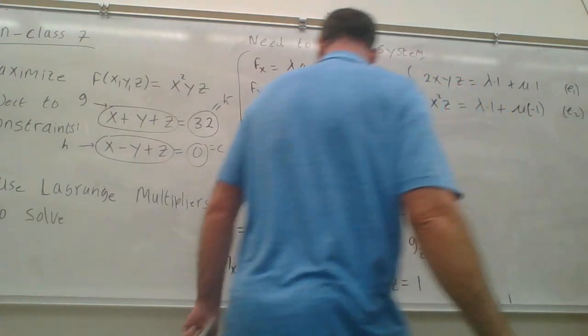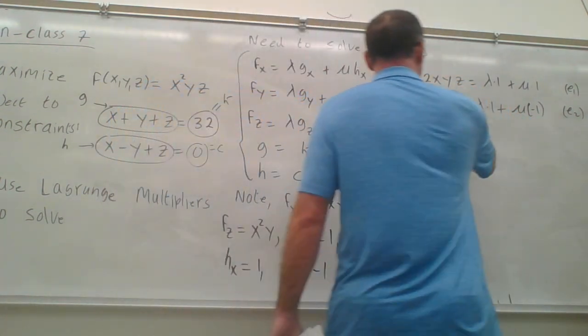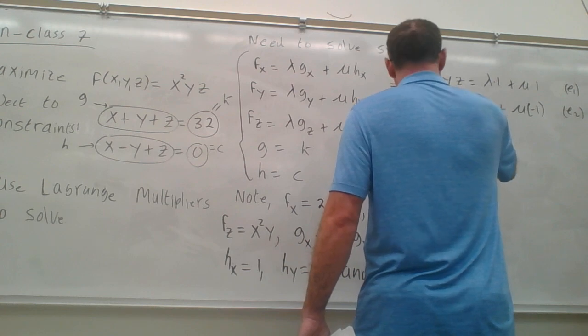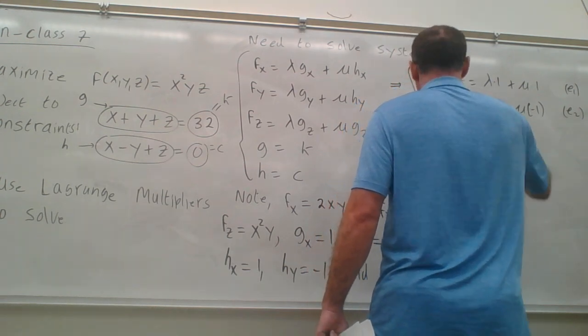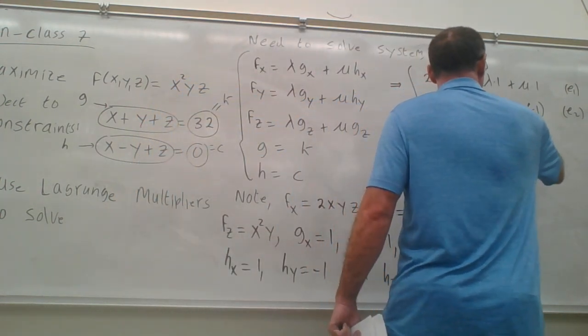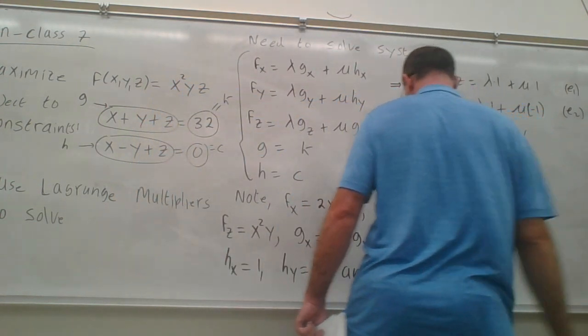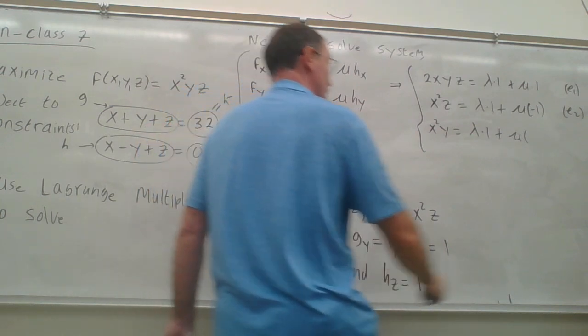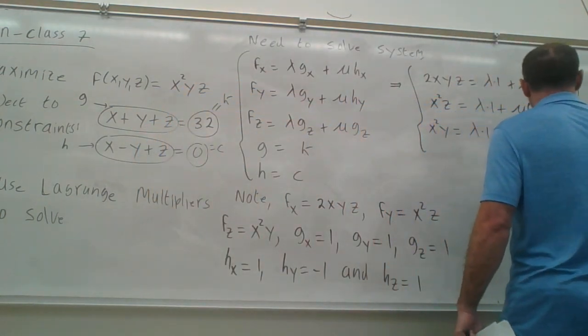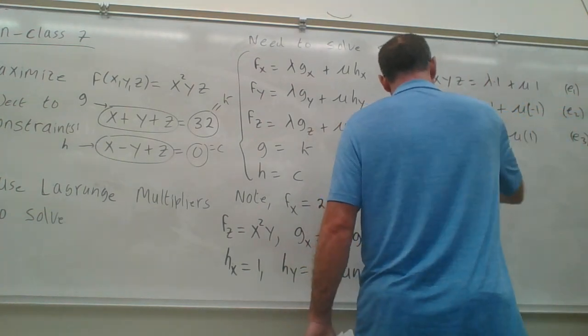Okay, then f of z, so x squared y equals lambda times g of z, 1, plus mu times h of z, which is 1 also. Equation 3.